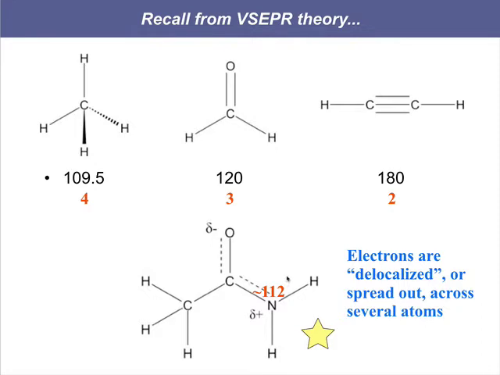The more charge that you can spread out and distribute between multiple atoms, the better. Neither of these atoms experiences a full charge. They only experience a partial charge, and that's good.